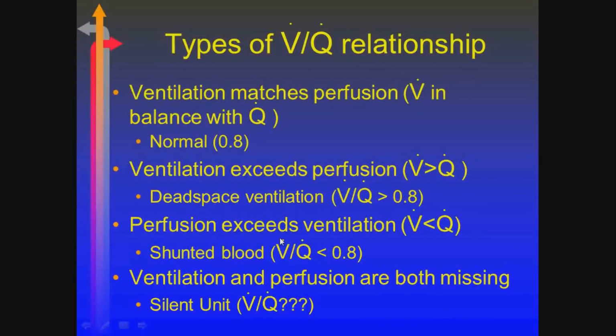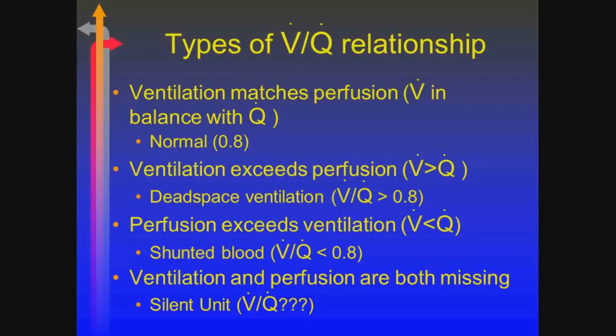Shunted blood is basically those situations where I have blood going from the right side to the left side without passing through an alveolus. The anatomic shunts, things like Thebesian veins, bronchial veins, pleural veins, those are examples there. There's also, in theory at least, what we call a silent unit. And a silent unit, I'm going to remain silent on because we don't really think about them.